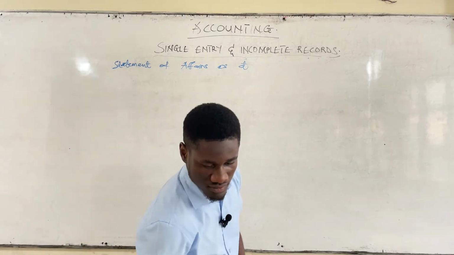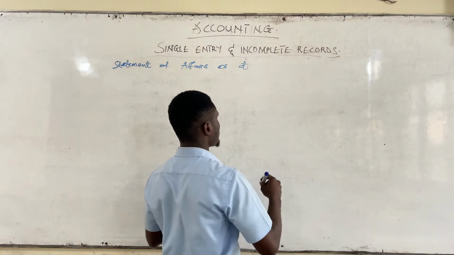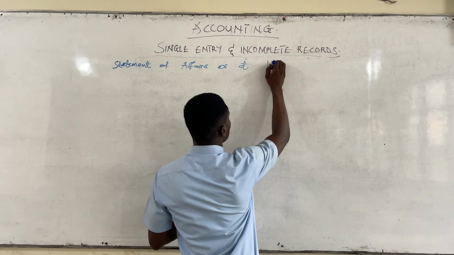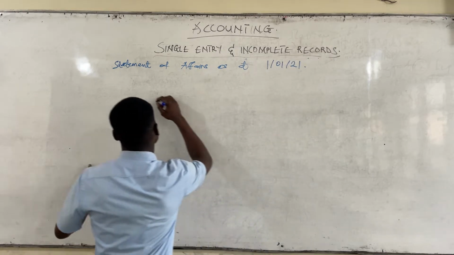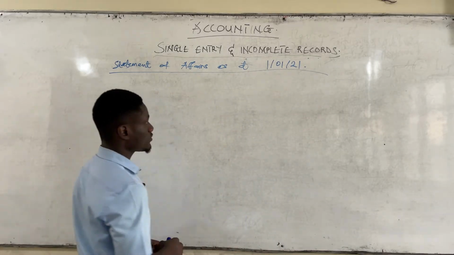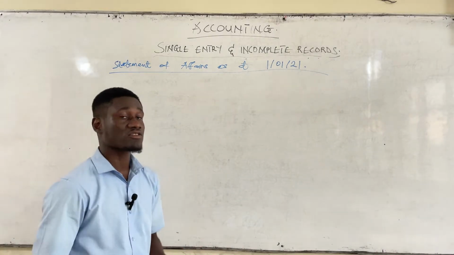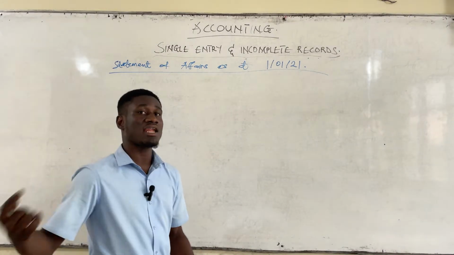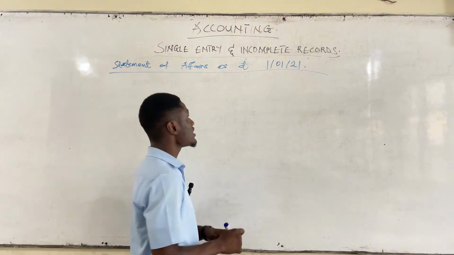Assets, January 21st, January 2021. Good. So we know that for statement of affairs, for the start of the year, we are going to less our liabilities from our assets. So assets minus liabilities to get our opening capital.